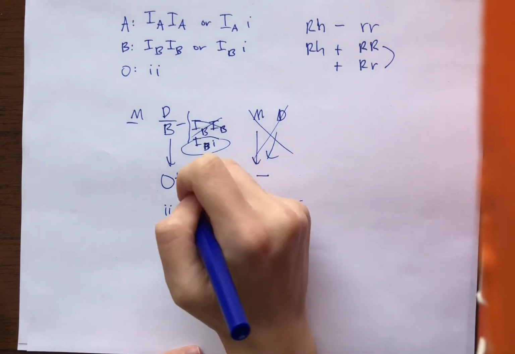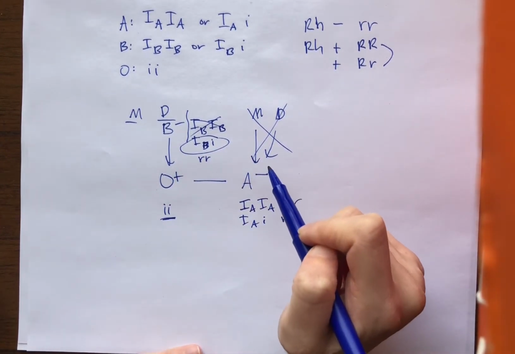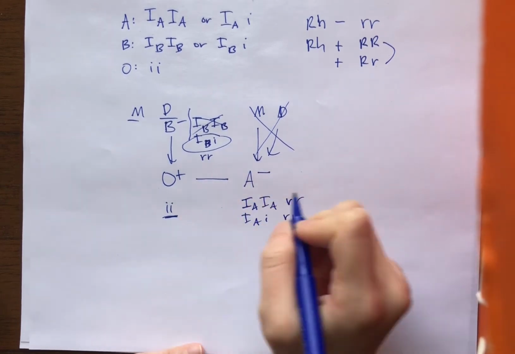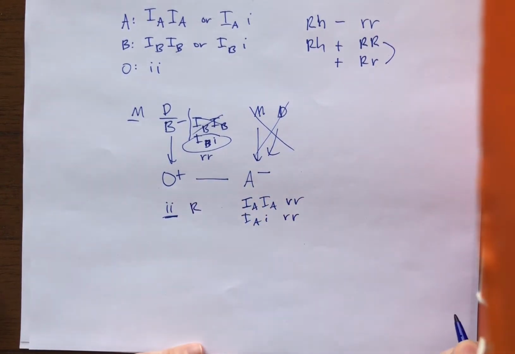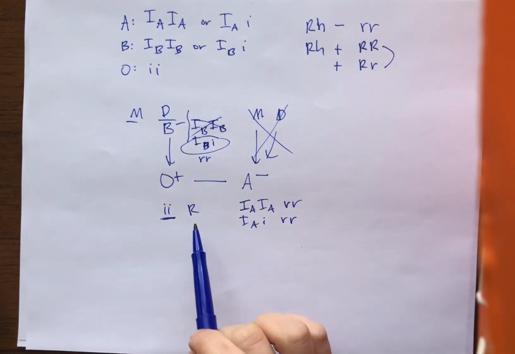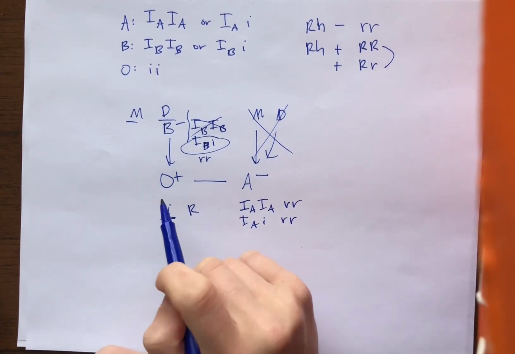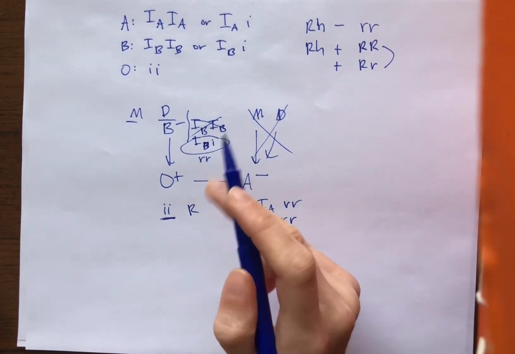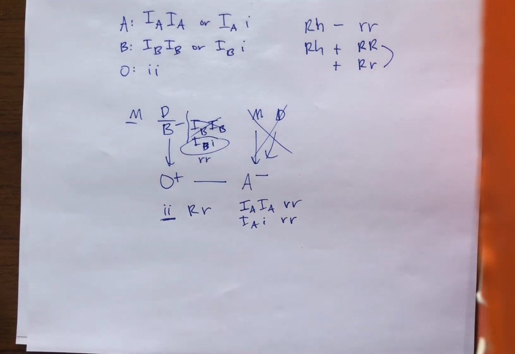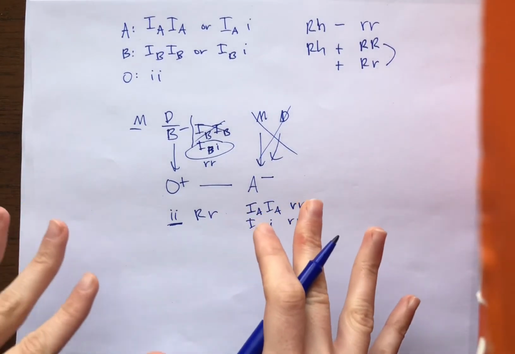The woman has positive Rh factor, so she would have to have one big R. If we didn't know any information from the parents, she could be big R, big R, or big R, small r, since positive is dominant. But since dad has the recessive gene, we know she has big R, small r.